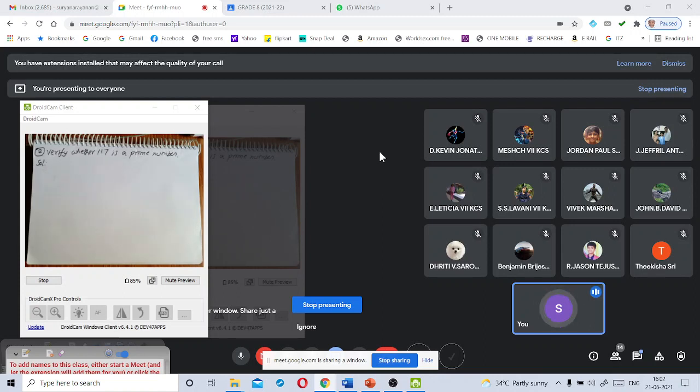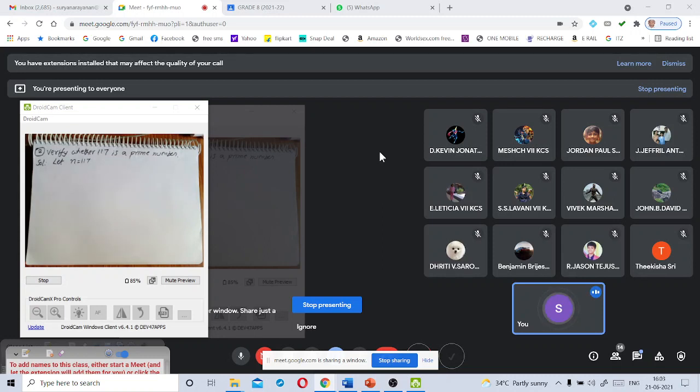Is it a prime number or not? Let us follow that procedure, my dear children, as we have discussed previously. Let n is equal to 117.